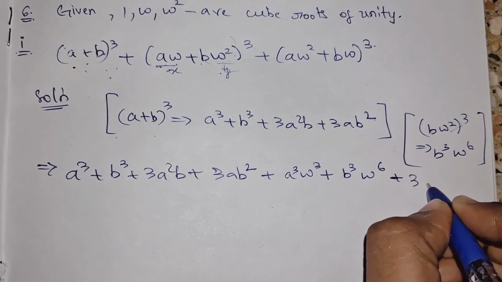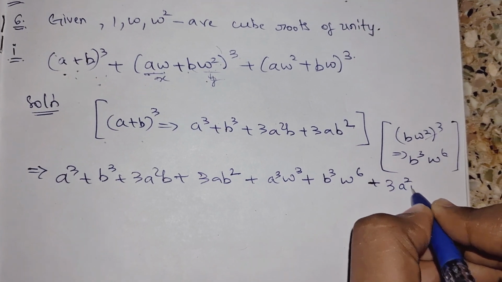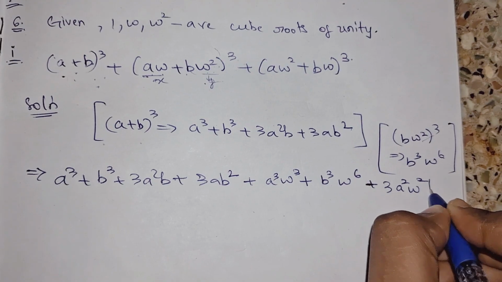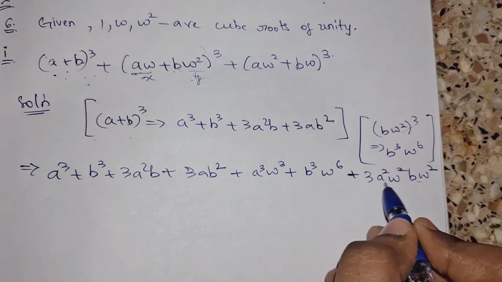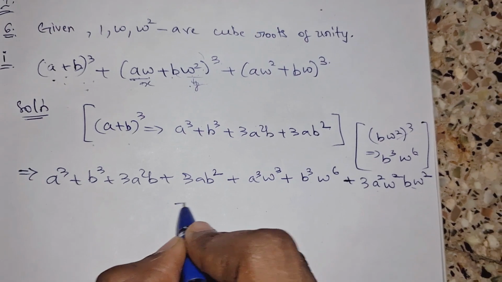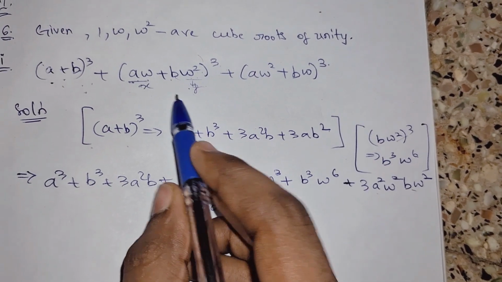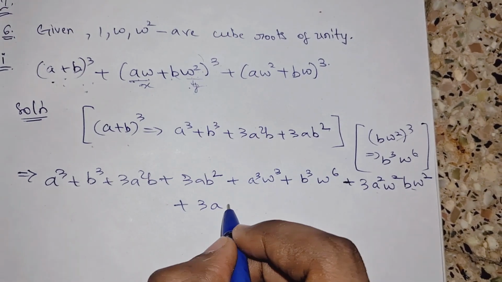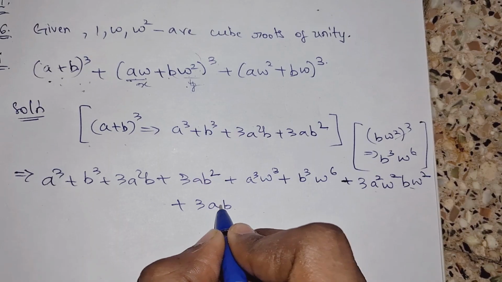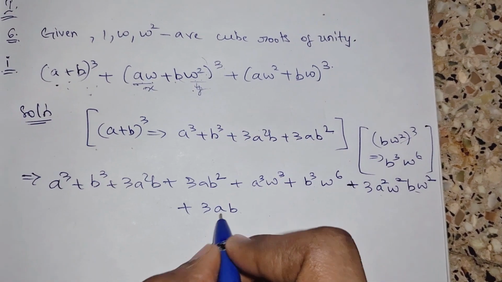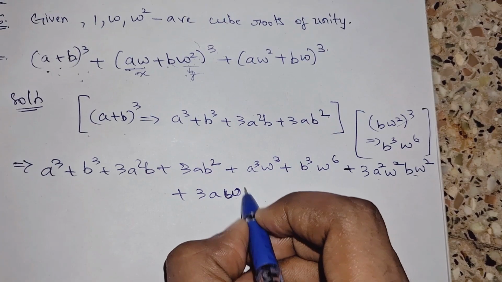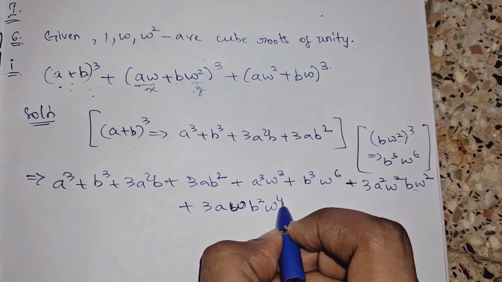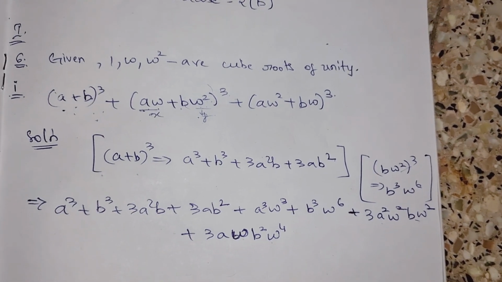plus 3a square b. So a square omega square, b omega square as it is, we write the b term, and the a term is squared, plus 3ab square. Sorry, a omega is here, a omega times b square omega to the power 4, you will get.